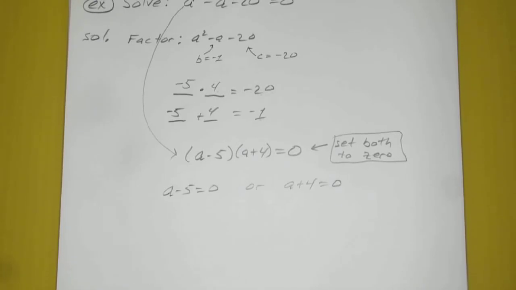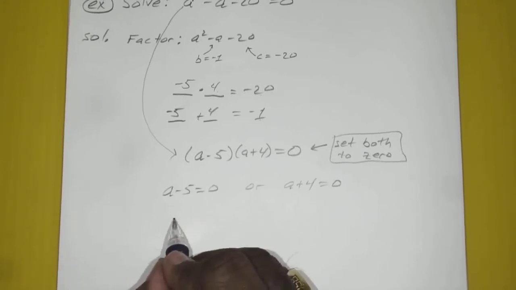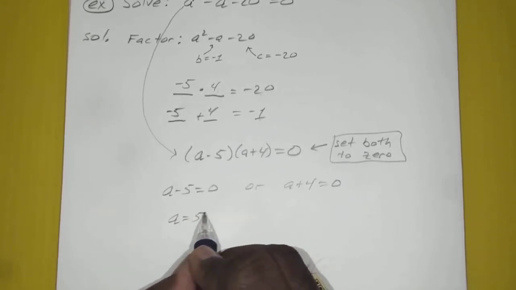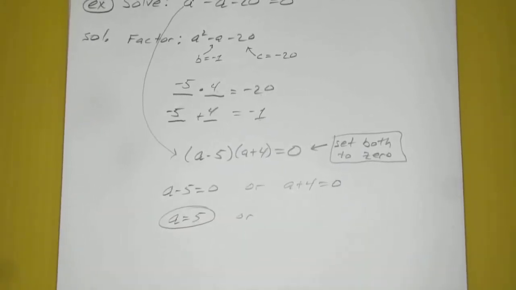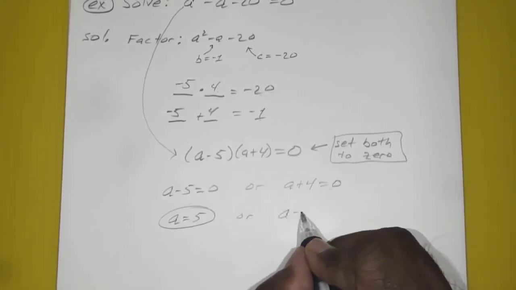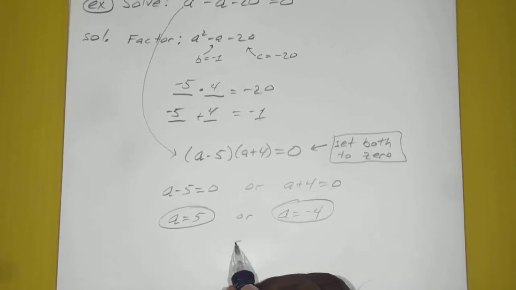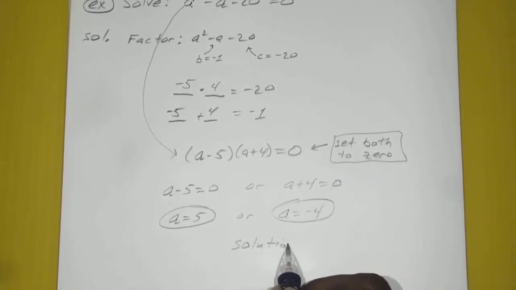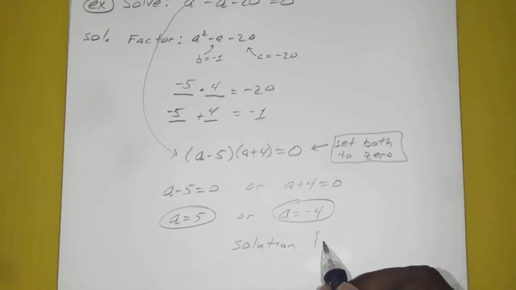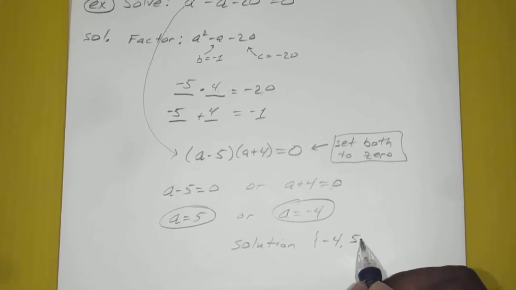Either one of those will make this true. So if we add 5 to both sides, we know that a can equal 5. Or if we subtract 4 from both sides, a can equal -4. Which means your solution is either -4 or 5.